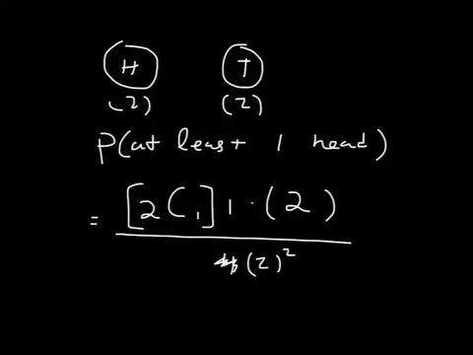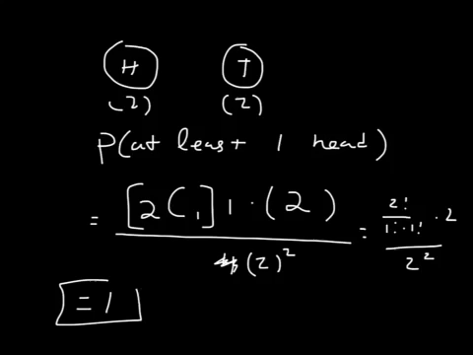All right, well, if we were to simplify this, what we get is 2 factorial over 1 factorial times 1 factorial, times 2, over 2 squared, and this simplifies to 1, which means that 100% of the time I would get at least 1 head. Well, we know that's not right.